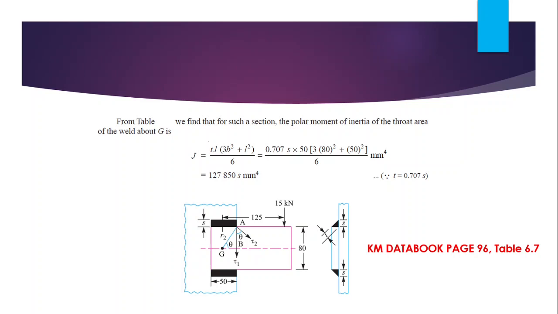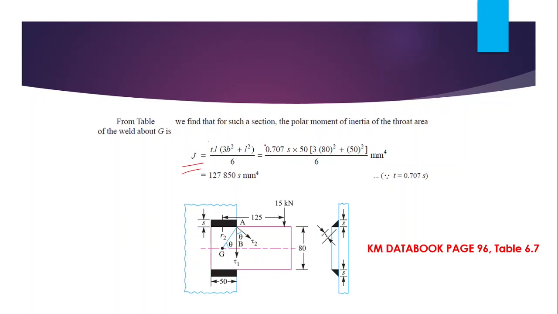From the table, for a double parallel fillet weld, J is equal to T into L into 3B square plus L square, divided by 6.